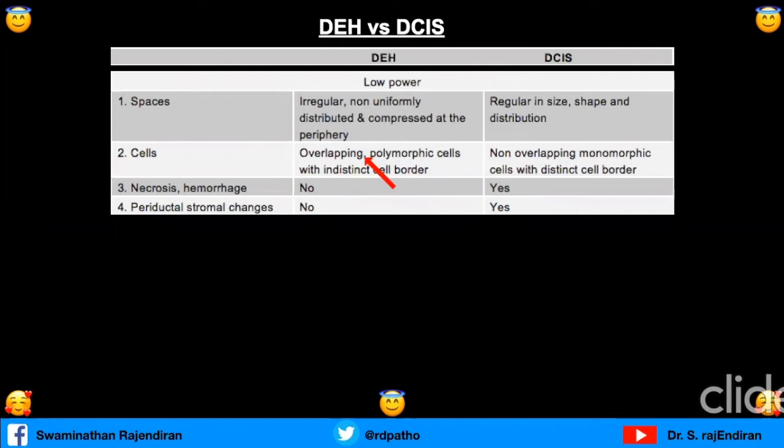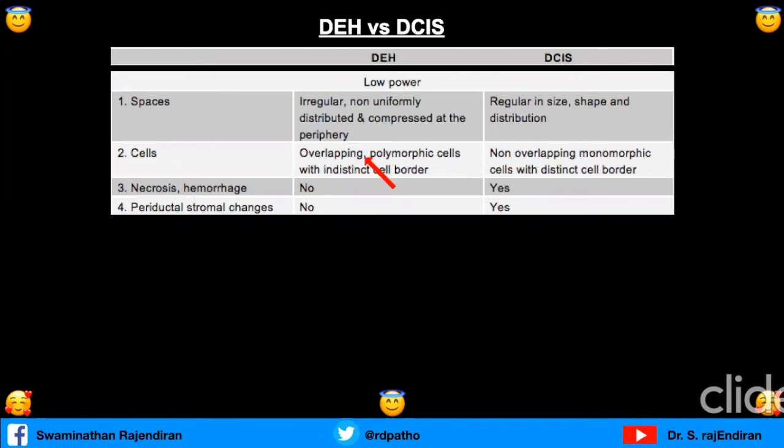What happens in breast? The adhesion molecules become less in number towards malignancy. So when they become malignant, the individual cells will have no overlapping and they will have a distinct cell border. So when you see distinct cell border without overlapping in breast, it has to be either DCIS or carcinoma.